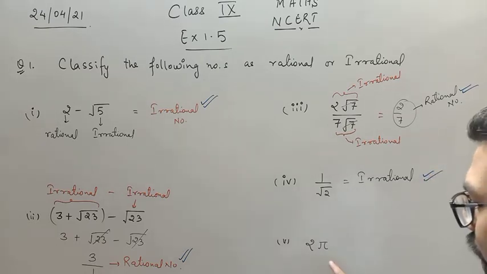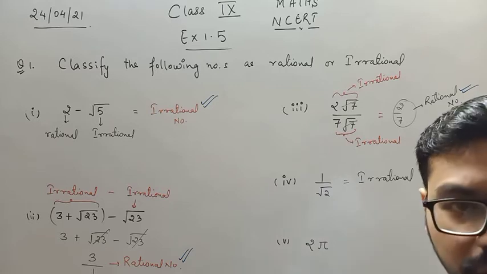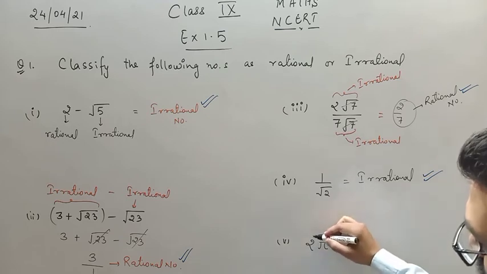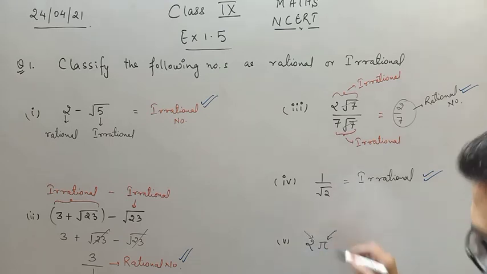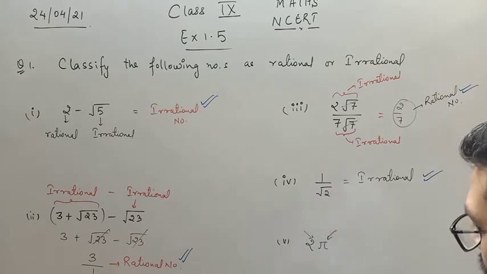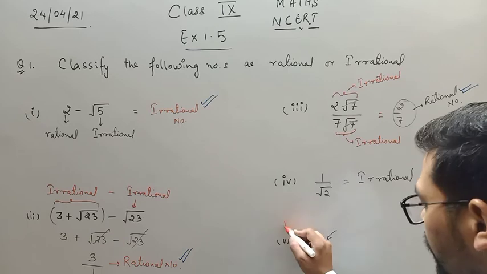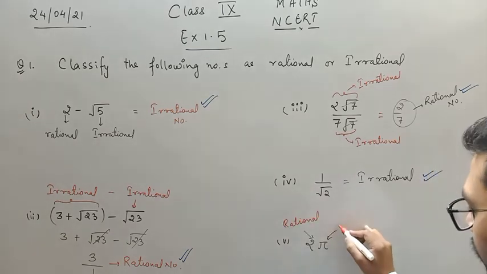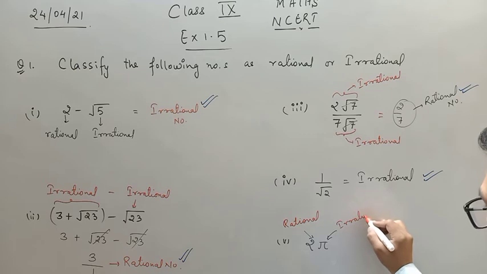Similarly, as you all know that pi is irrational, so 2 into pi: if you multiply a rational number with an irrational number, 2 is rational, pi is irrational.